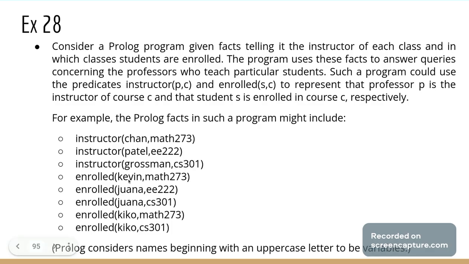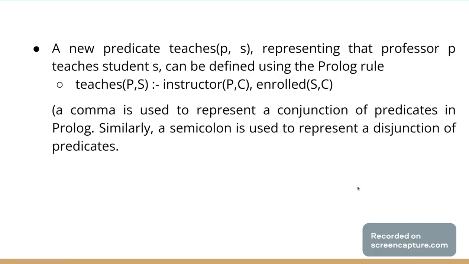Then we have enrolled, the students who are enrolled in particular courses. Kevin is enrolled in math 273, Joanna is enrolled in both EE 222 and CS 301, and Kiko is enrolled in math 273 and CS 301. These are all facts, and these facts are used to answer queries.